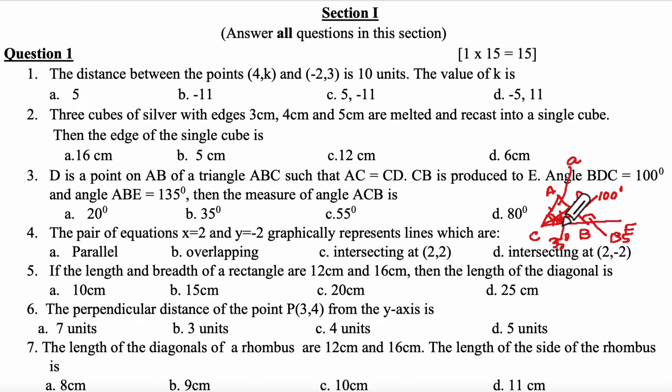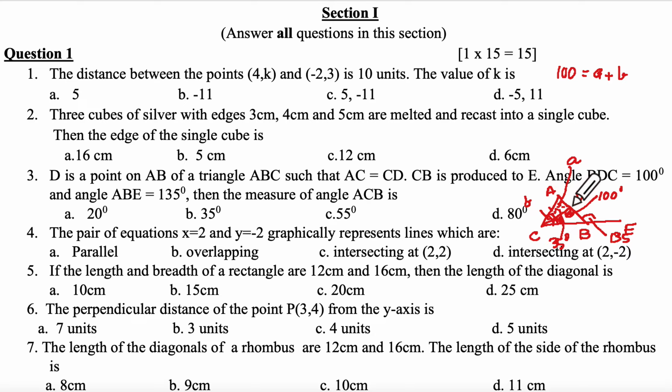If I call this small a and this one small b, then can you see this is an exterior angle for this triangle. So 100 is equal to a plus b, correct?